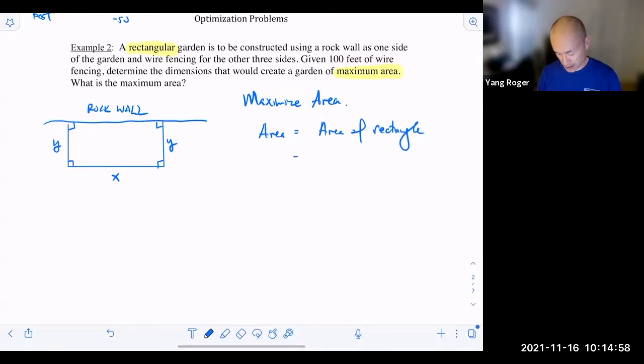No response. Okay. Well, the area of a rectangle is given by the length. Yes, I see 2 correct answers. I like Selena's answer. Selena, so this is length times width.